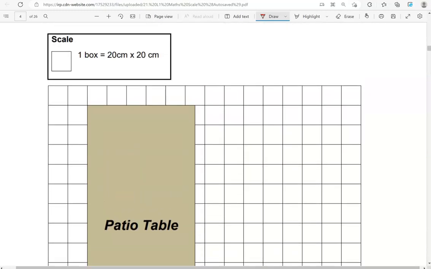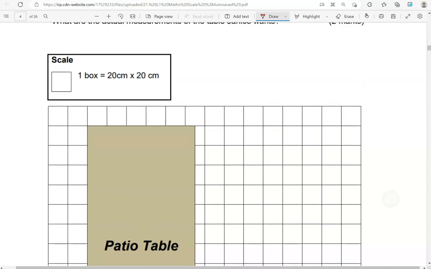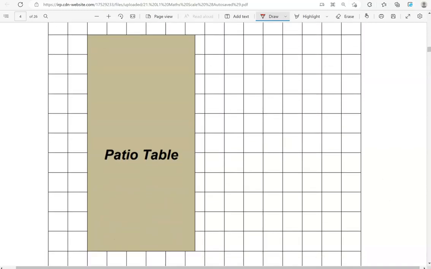So we have table. Let's do the length first. So that is 20 centimeters, 40, 60, 80, 100, 120, 140, 160, 180, 200, 220.